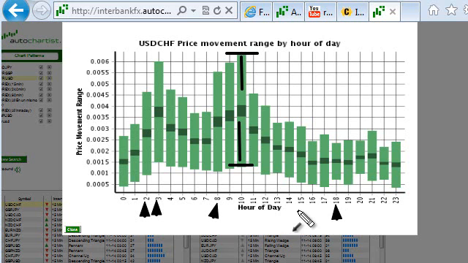Equities markets, here they are. They close at 4 p.m. But what I want you to notice is the steady drop, and then how it is much less volatile during the Asian session as compared to the overlap between Europe and the U.S.